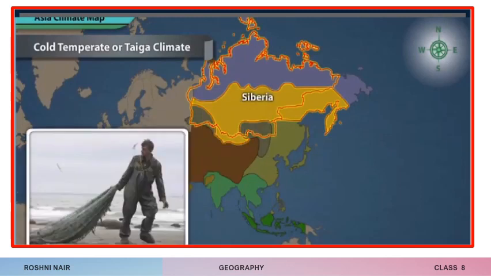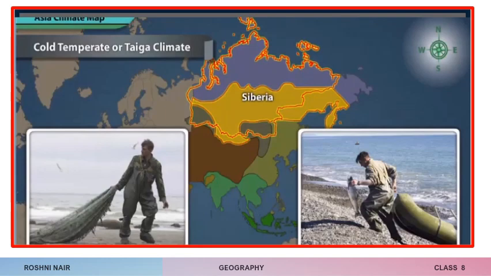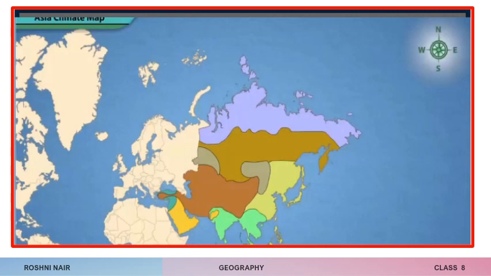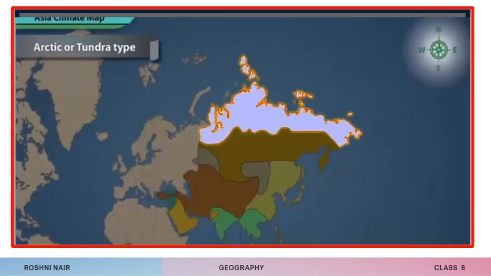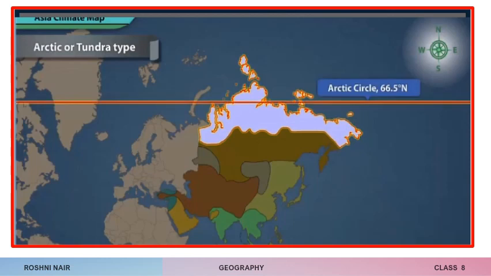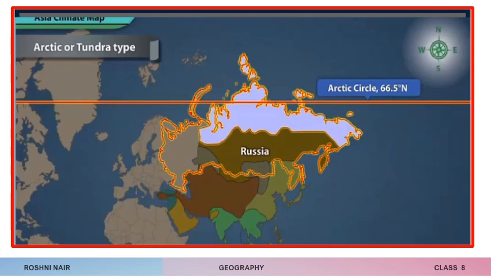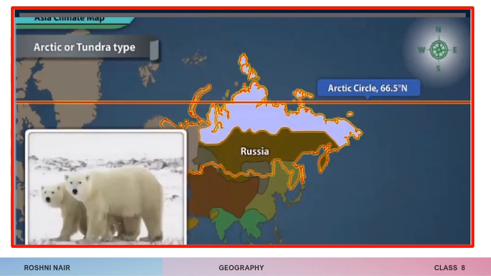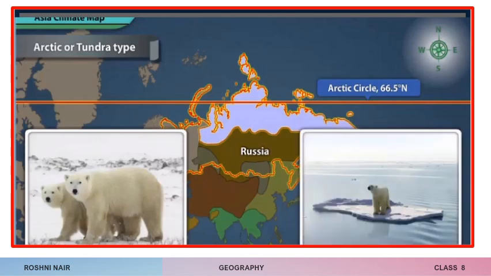Here, winters are long and very cold, and summers are short and warm. The Arctic or tundra type of climate is found in the areas beyond the Arctic Circle, mostly in the northern parts of Russia. In the tundra climate, winters are long and severely cold, and summers are quite short and cool.